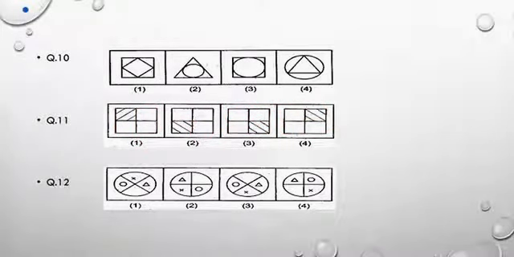Now let's go to question number 12. In question number 12, there are four problem figures given. Each of the problem figures has a circular shape, and each has been divided into four equal parts with the help of two intersecting lines.